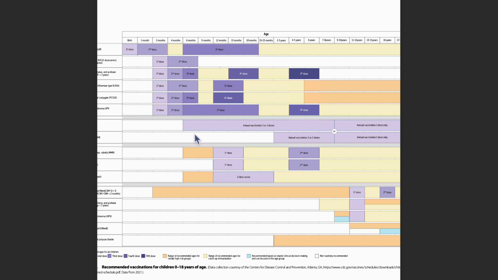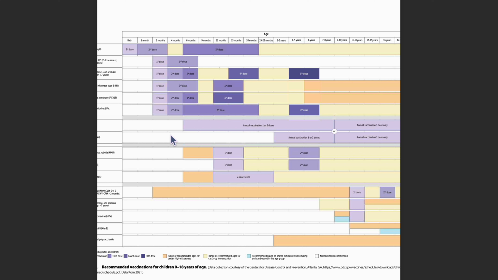Okay, and then here we have influenza dosage. Annual vaccination, 1 or 2 doses before 8 years, and after 8 years, annual vaccination with 1 dose only.